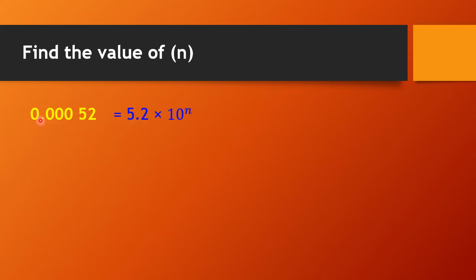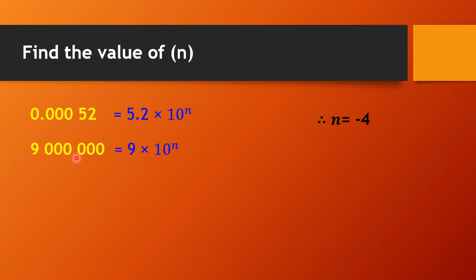So we will move the decimal point to the right. How many places? Let's count: 1, 2, 3, 4. 4 places. So n will be 4 or negative 4? Yes, it will be negative 4 because we moved the decimal point to the right.